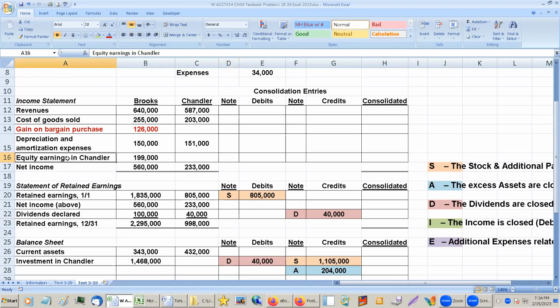Income, that's what this is. Excuse me. There's too many things called equity. You know, equity and earnings. Equity method, equity investments.